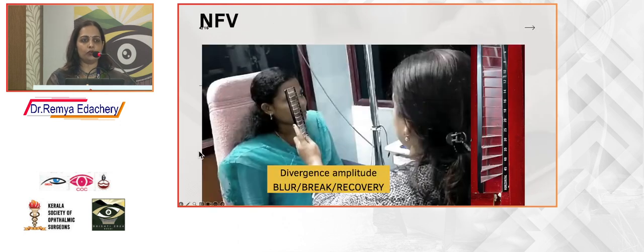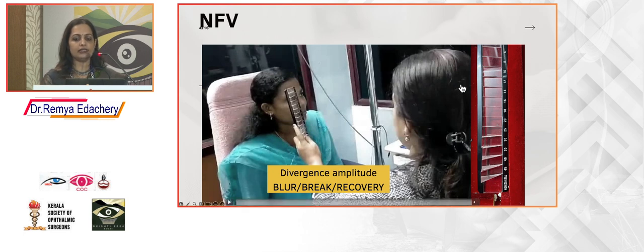Next is the negative fusional vergence. The normal human eye has a tendency to converge. So always positive fusional vergence is done for near first, followed by distance, whereas negative fusional vergence is distance first, then for the near. For negative fusional vergence, you have to keep the prism base in. It is done with the prism bars.